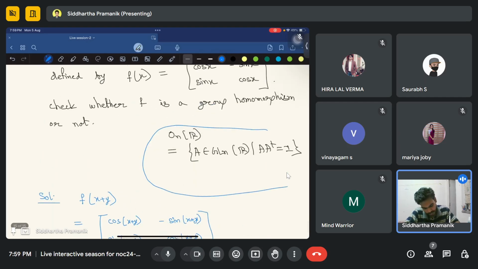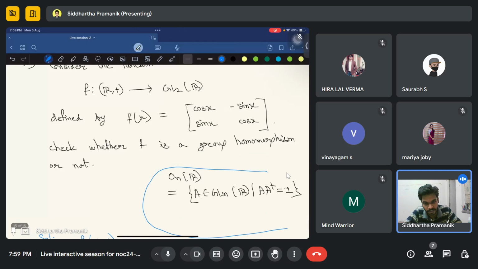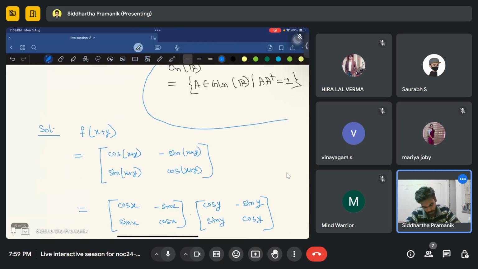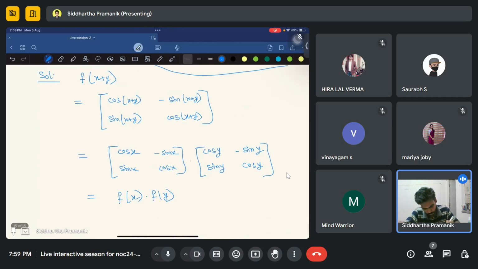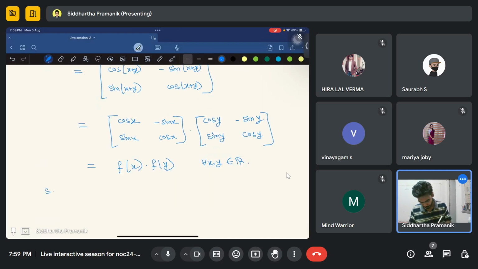Because on the right hand side the operation is matrix multiplication, and on the left hand side we have addition of real numbers. That is what we have proved, and this is true for all x, y belonging to R. So f is a group homomorphism. So we can talk about its kernel and image.